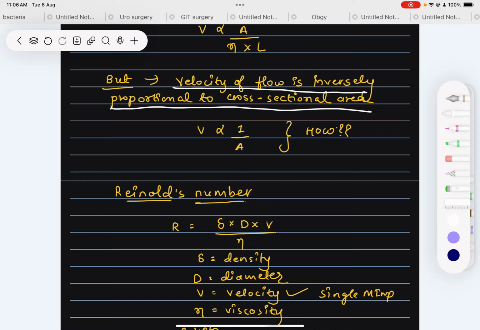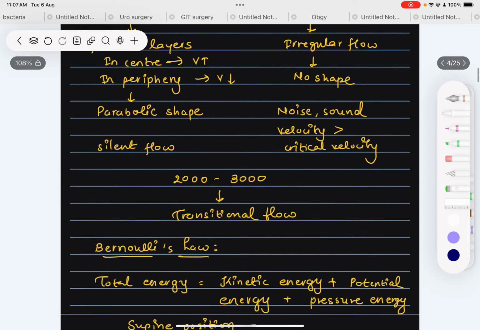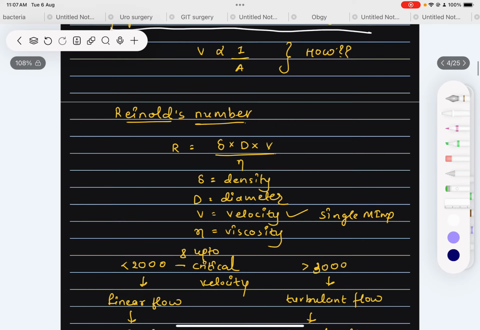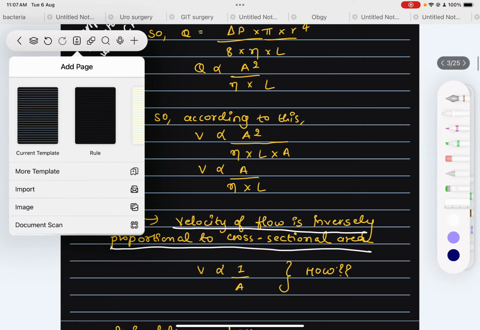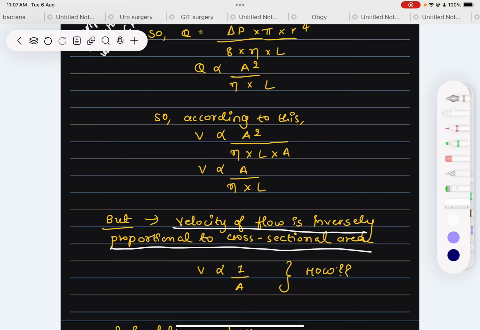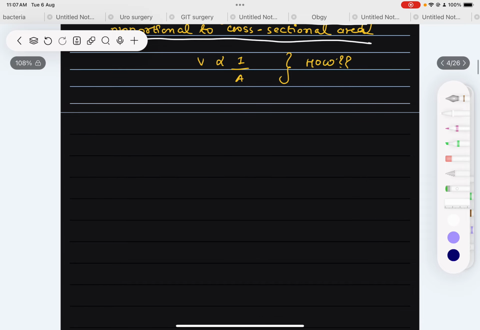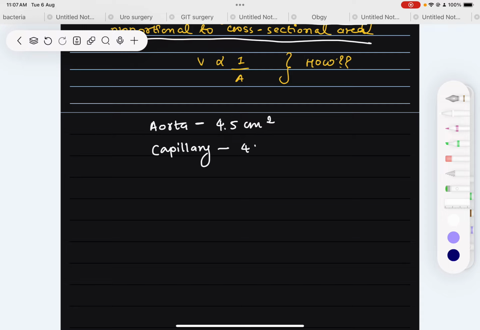Here we are not talking about a single capillary, but the whole capillary network. The aorta has 4.5 centimeter square of area, while the whole capillary network has this much.